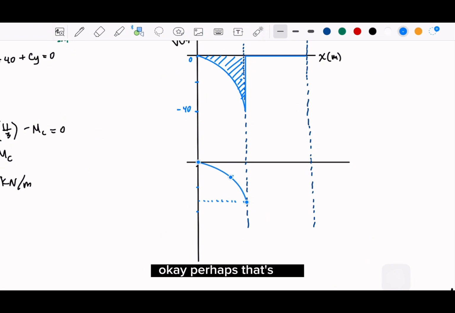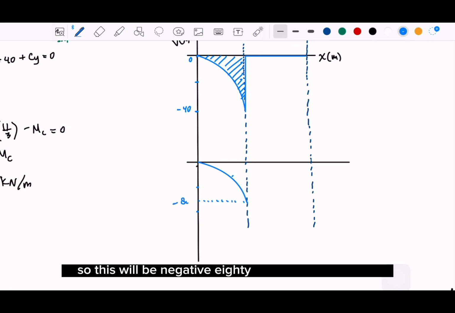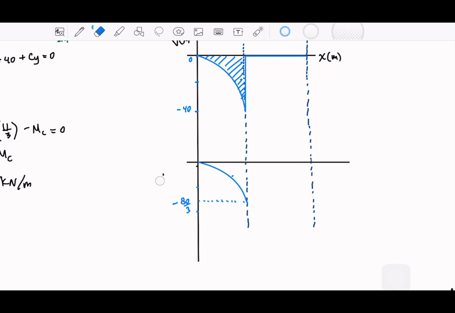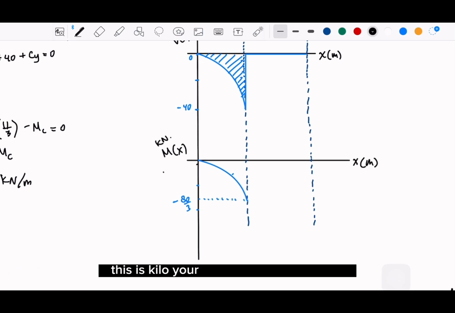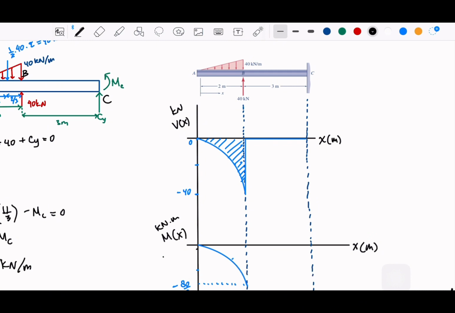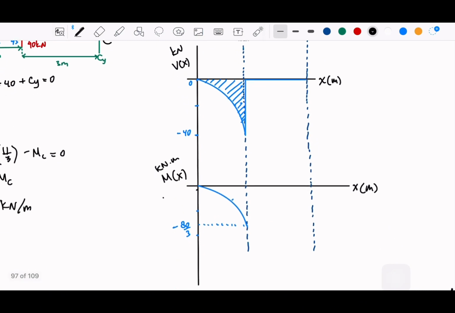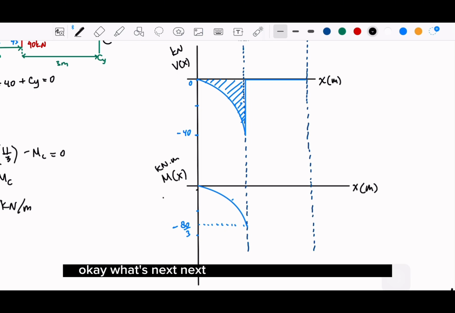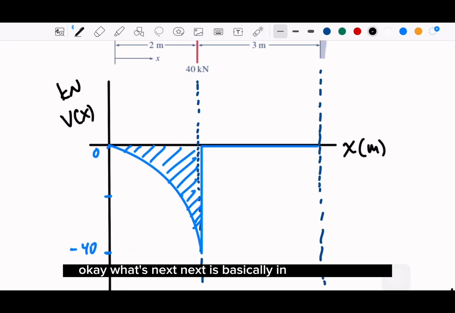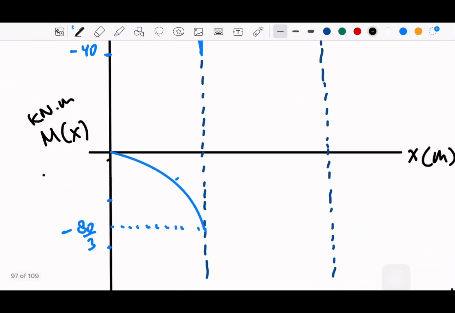Perhaps that's our curve, so this will be negative 80 over 3. This is the m, x is x, this is kilonewton meter, and this is kilonewton. What's next? Next, V is basically a constant, right?